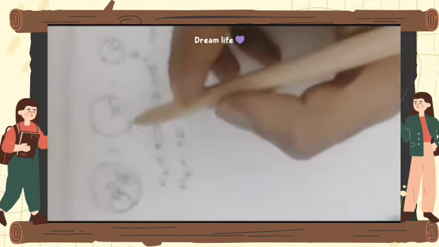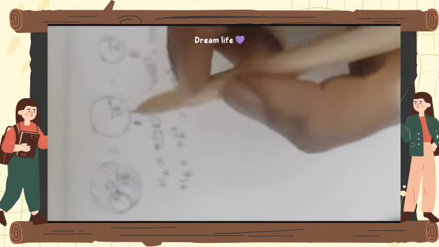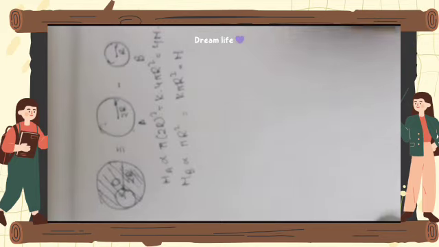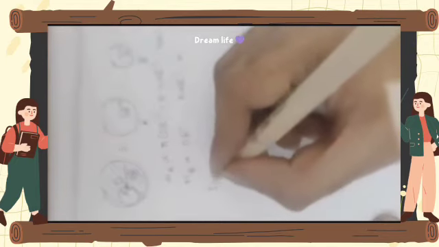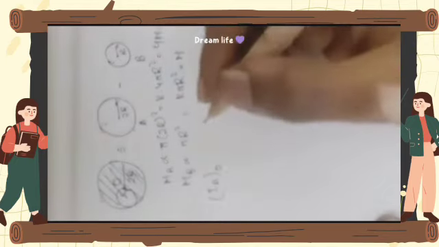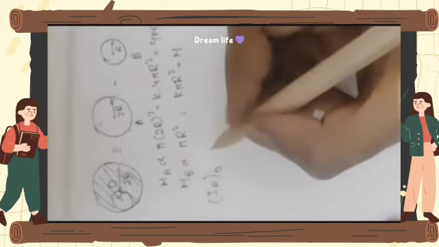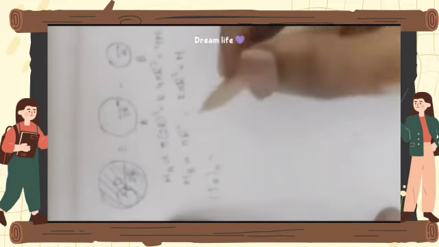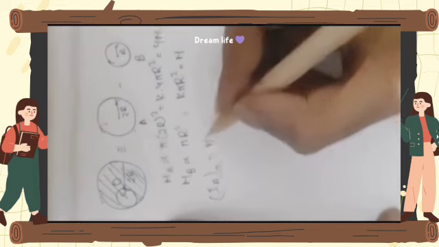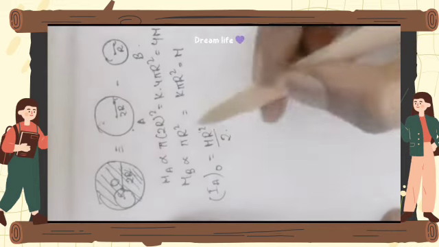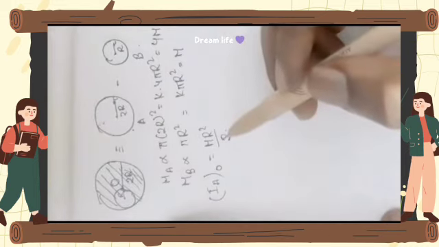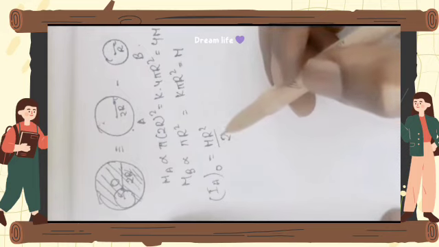Now we know the masses of both disks. Now we have to find the moment of inertia of both disks. So the moment of inertia of A about O, we have to find the moment of inertia about O. That's quite important to note. So the moment of inertia of A about O would be equal to MR square by 2. This MR square by 2 is the general formula for the moment of inertia of a disk about its center of mass and perpendicular to the plane.